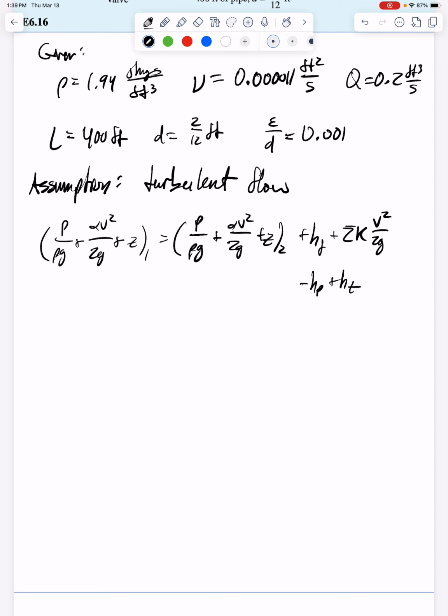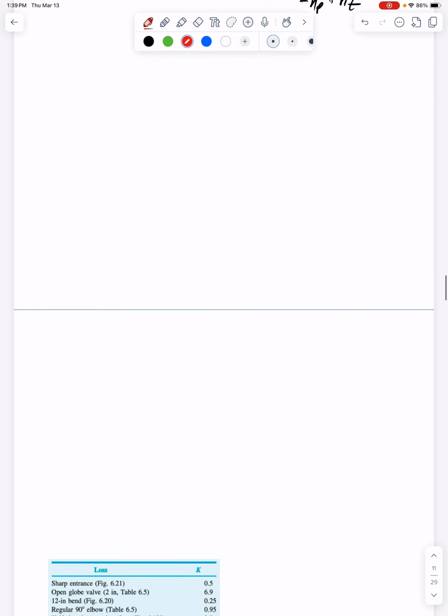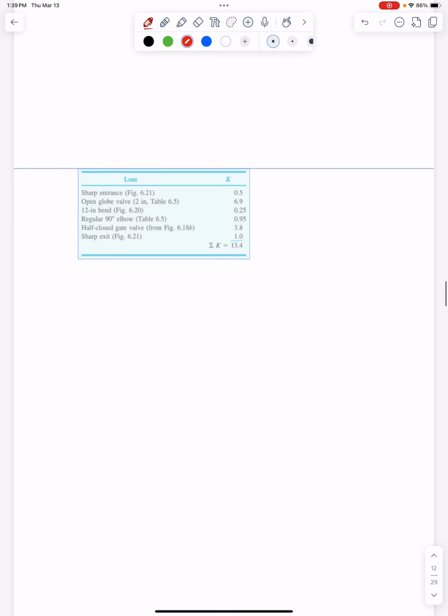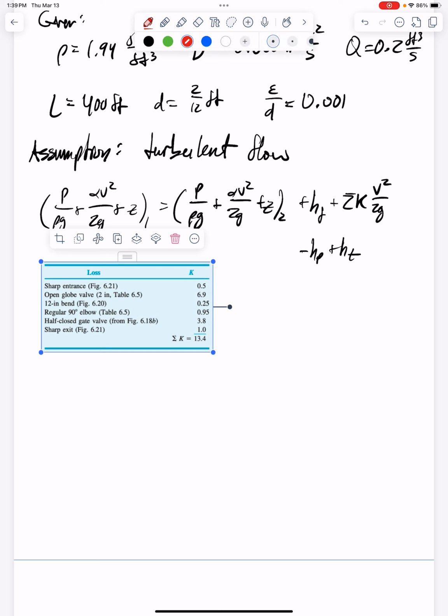Okay, so let's talk about the K value first. Based on different components, we experimentally determine these K coefficients associated with these different components. So different components have different K values.